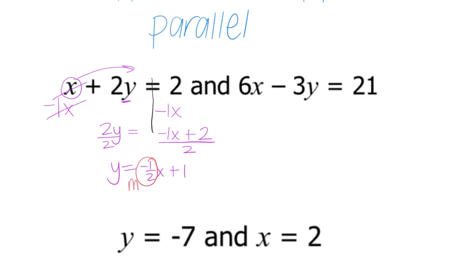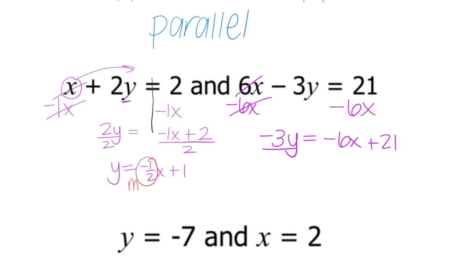And then we're just going to go ahead and do the second line, same thing here. So we will subtract 6x from both sides. So we have negative 3y equals negative 6x plus 21. And then we're going to divide everything by negative 3. And then here we go. We have y equals negative 6 divided by negative 3.